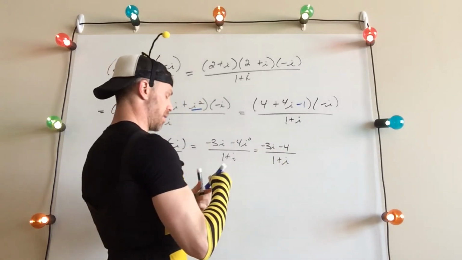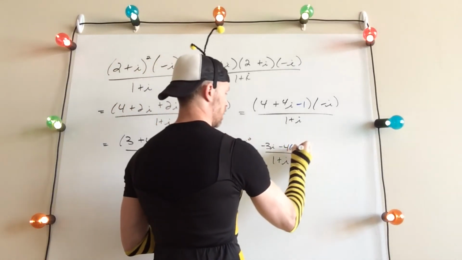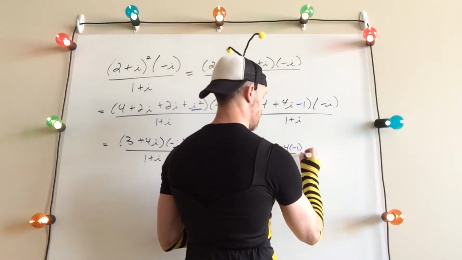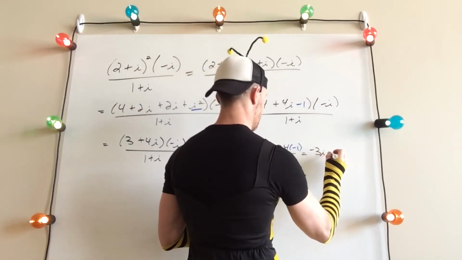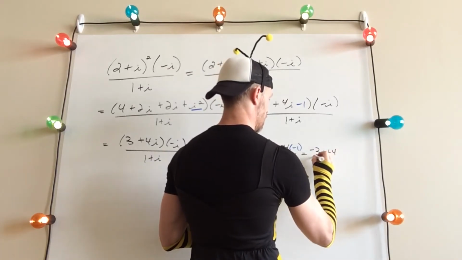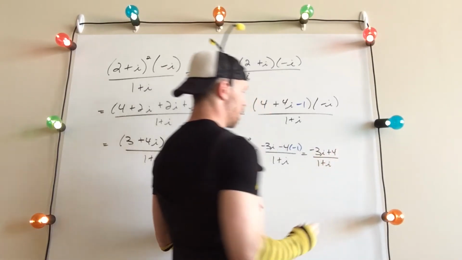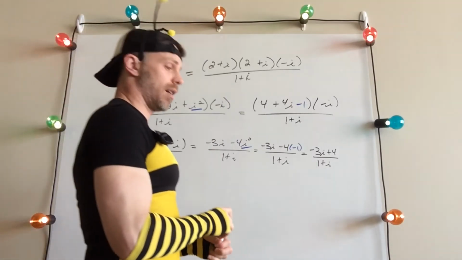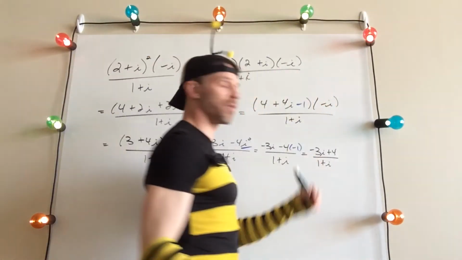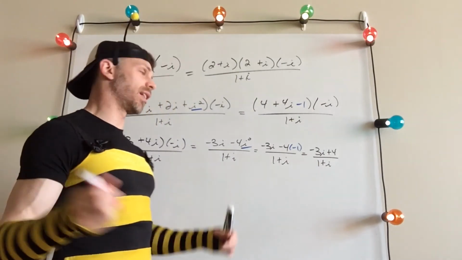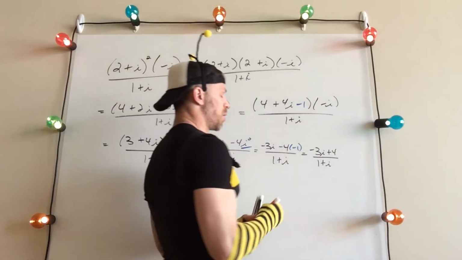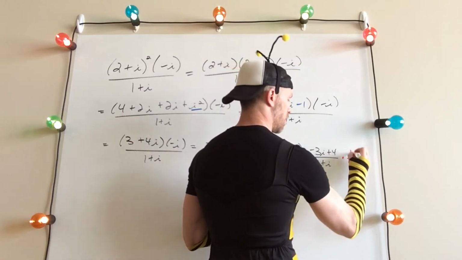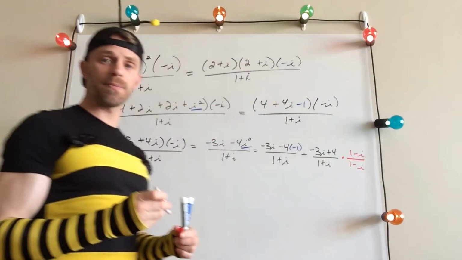So negative 3i plus 4 over 1 plus i. It's not in standard form in the numerator, but it's not our final answer, so that's all right for right now. So now we can go ahead and multiply by the conjugate of the denominator, 1 minus i.